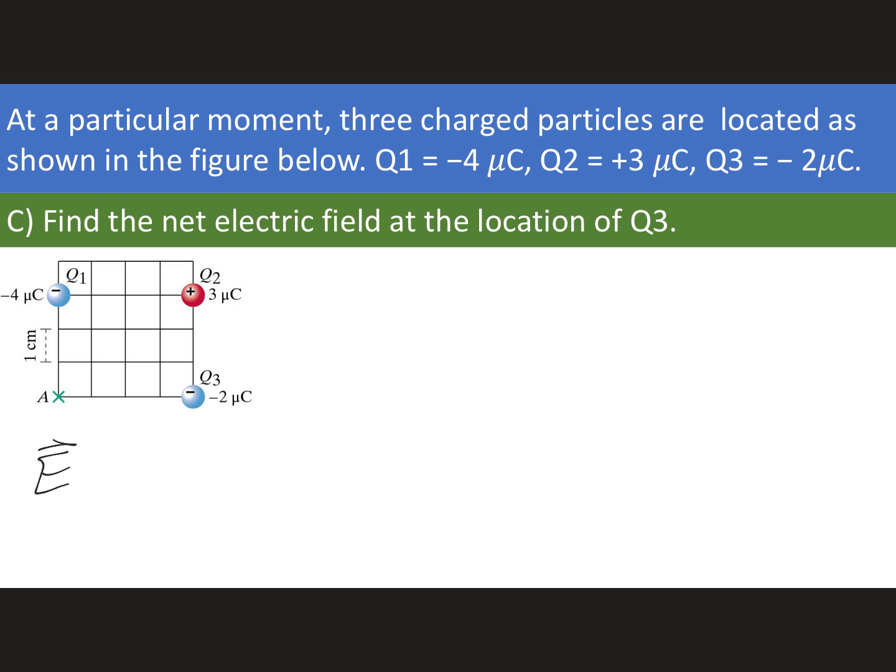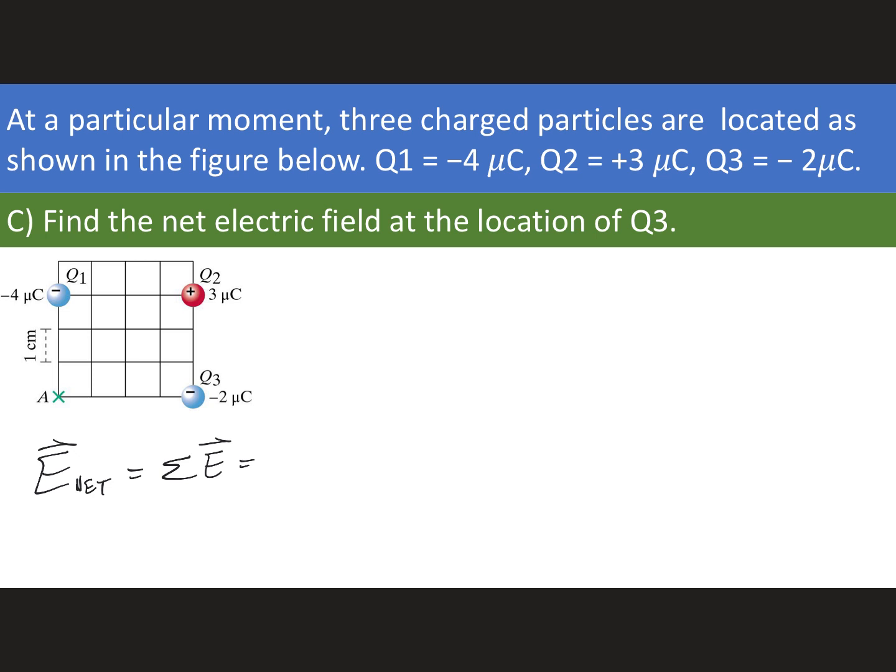All right, so this one, find the net electric field. Well, the net electric field, the net anything, it's always the sum of that thing. So you have E1 plus E2, the sum of the two electric fields.